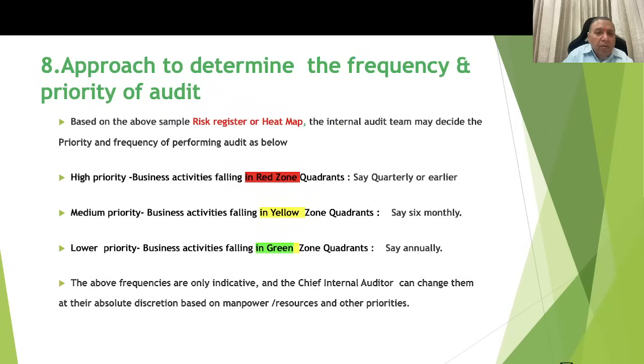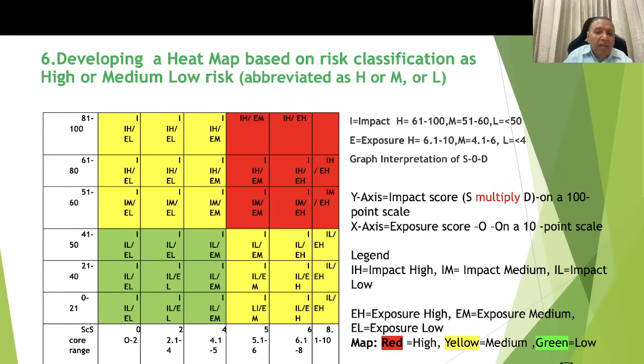Medium priority areas are those where business activities fall in the yellow zone, and there the audit frequency can be six monthly. Whereas for the red zone quadrant, the activities can be audited quarterly or even earlier. And the low priority areas are those in the green zone, where the audits can be done even annually, like the ones here in the left lowermost quadrant.